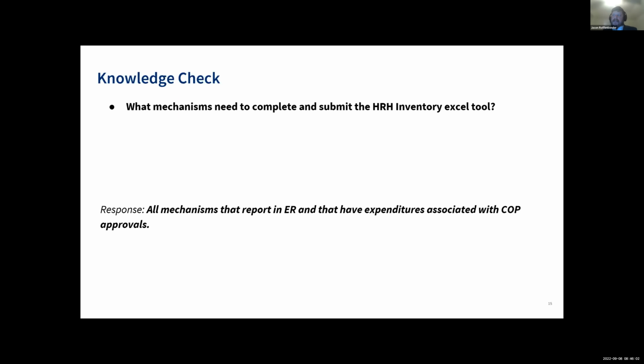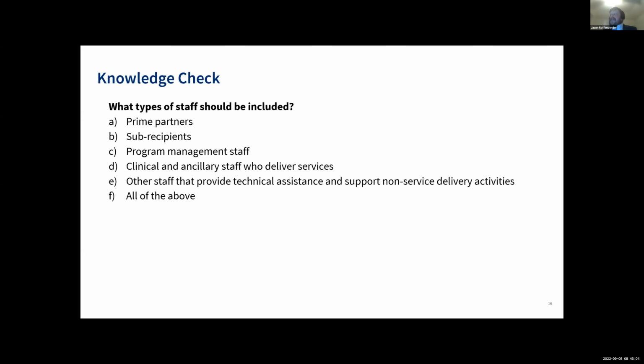Yep, correct. The next question is, what type of staff should be included in your HRH inventories? Prime partners, subrecipients, program management staff, clinical and ancillary staff who deliver services, other staff that provide technical assistance and support non-service delivery activities, or all of the above?